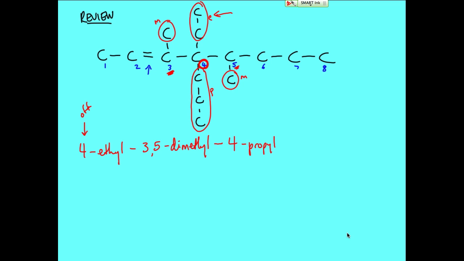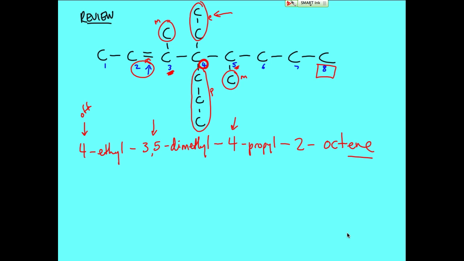So remember, these numbers in front of methyl, ethyl, propyl tell you where your branch is coming off. Then we have a double bond, and the double bond comes after the second carbon, so 2, and then that's it. Now how many carbons do we have? Octene.